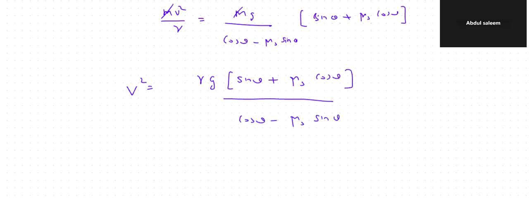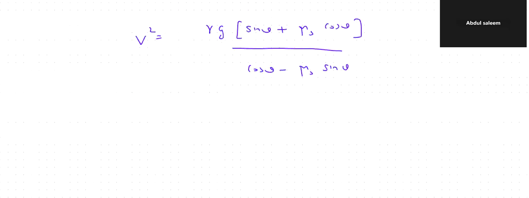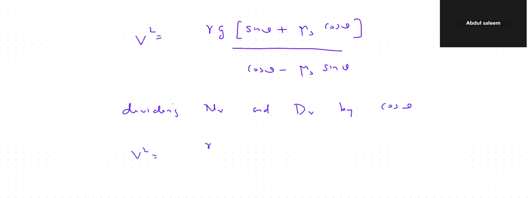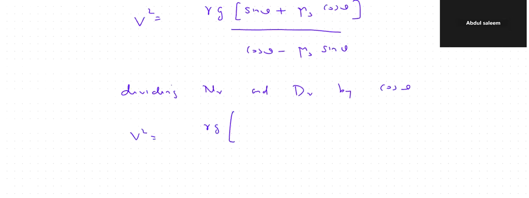Now for simplicity, we can divide the numerator and denominator by cos theta. Every term in the numerator and every term in the denominator is divided by cos theta, and the value does not change.